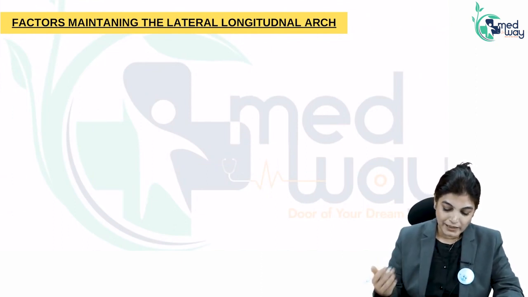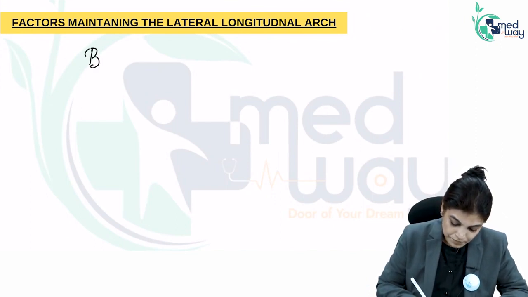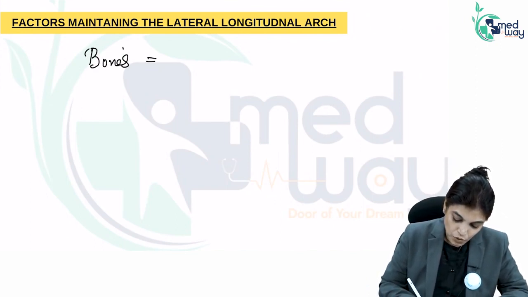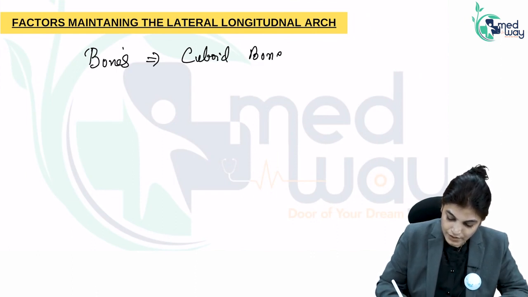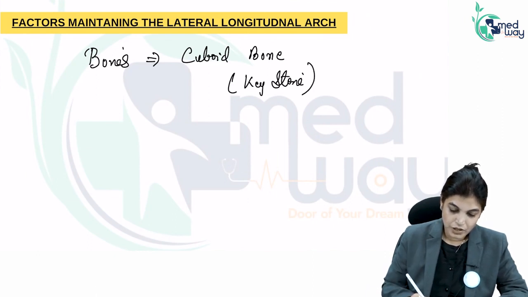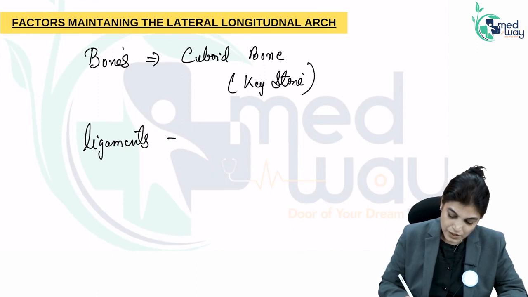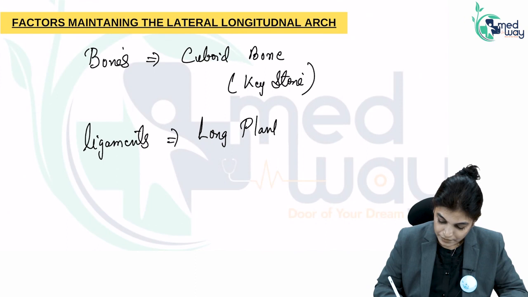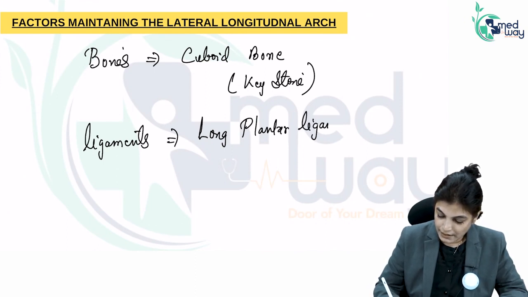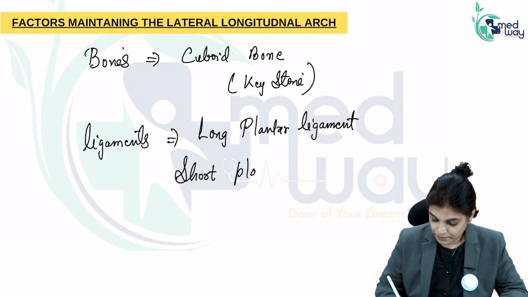If we talk about the factors maintaining the lateral longitudinal arch, in this category again I will talk about the bones. The important bone supporting it is the cuboid bone, which is the keystone of the lateral longitudinal arch. If I talk about the ligaments forming the support, they are the long plantar ligament and the short plantar ligament.